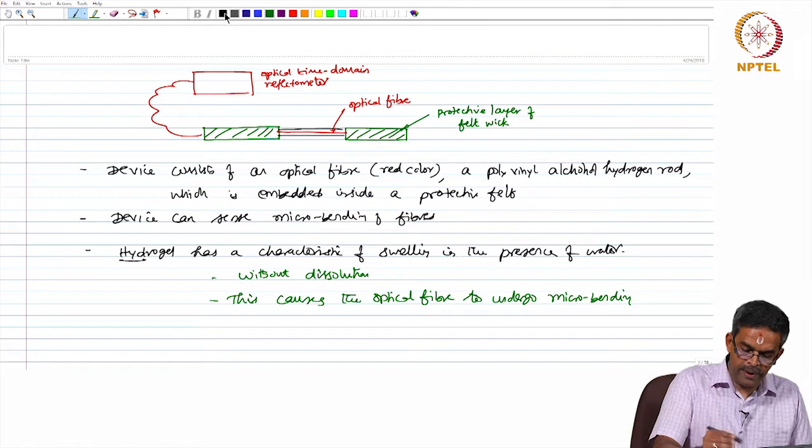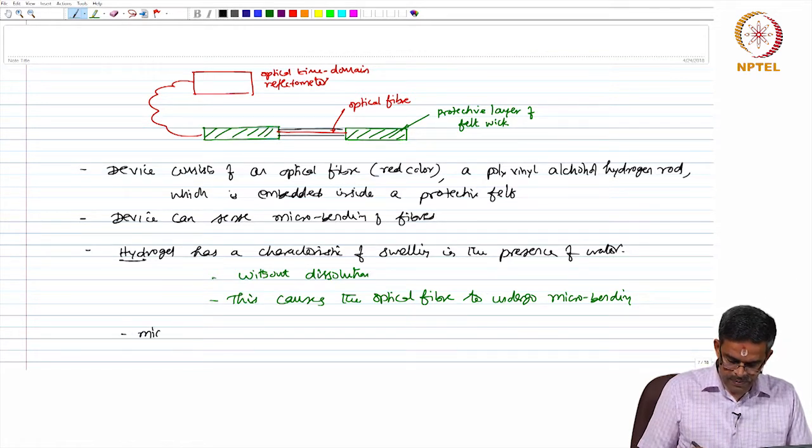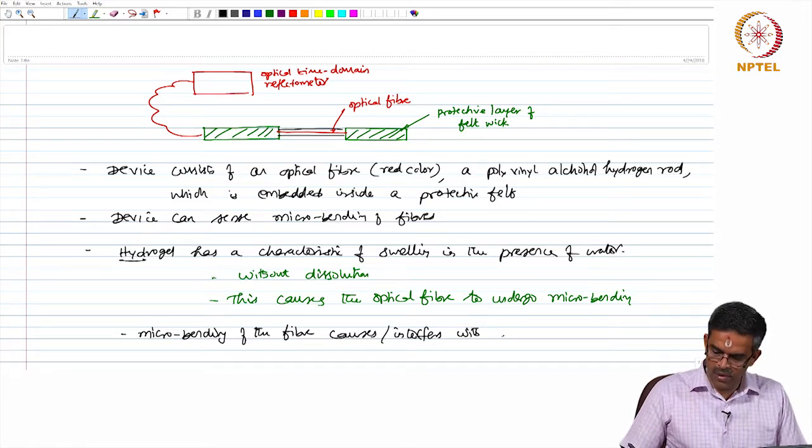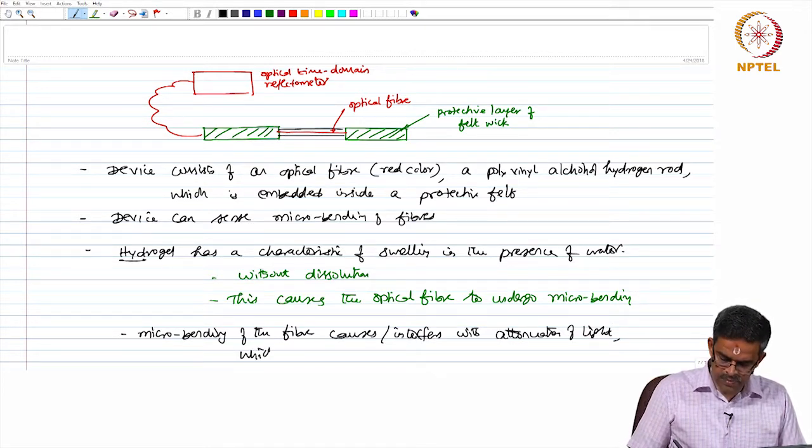Now, the micro bending of the fiber causes, or let us say interferes with, attenuation of light, which is transmitted through the fiber.